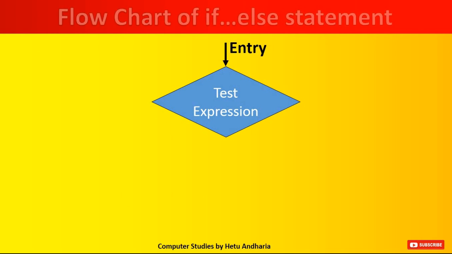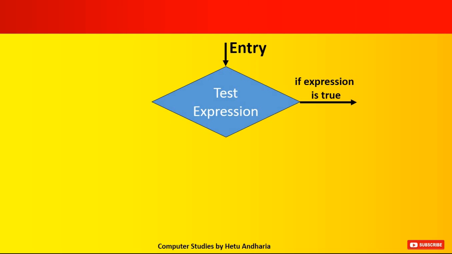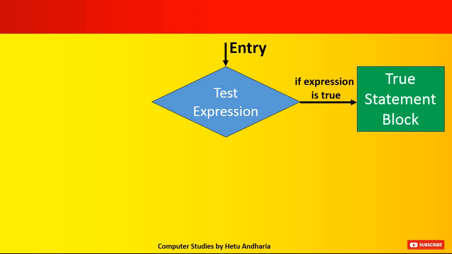Now we try to understand the same concept using a flow chart of if else statement. In the flow chart, the first thing is entry, then comes test expression, right? Now if test expression becomes true, then whatever we have written in the true part block will be executed.